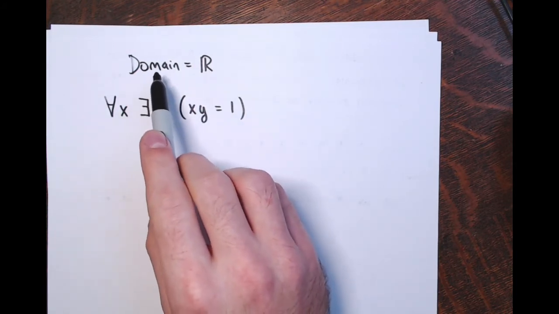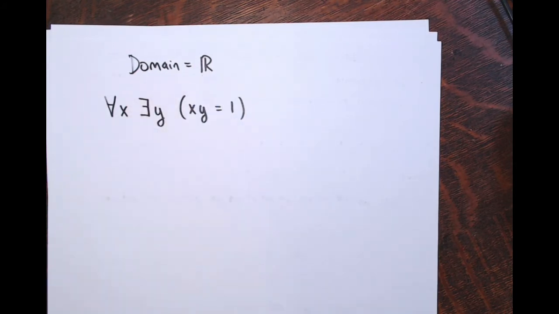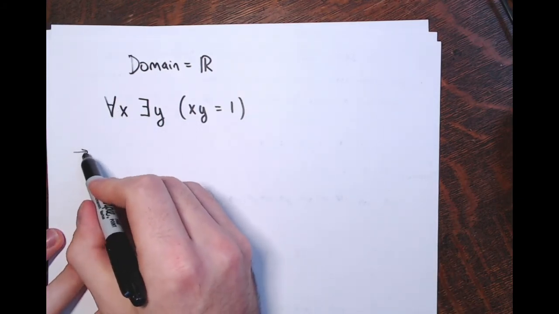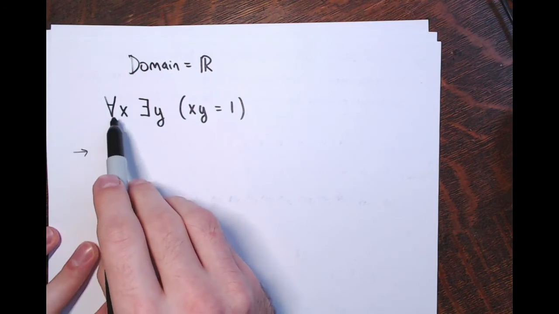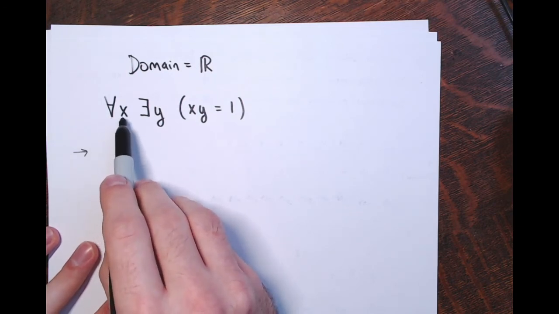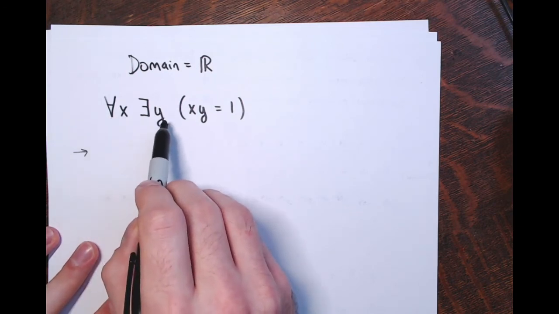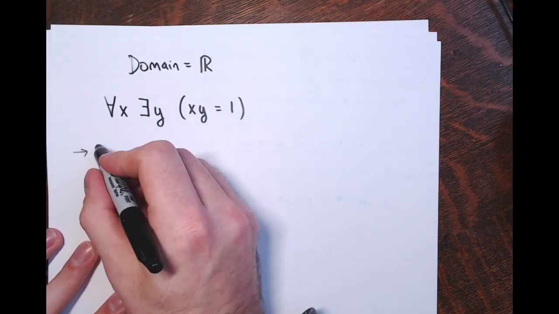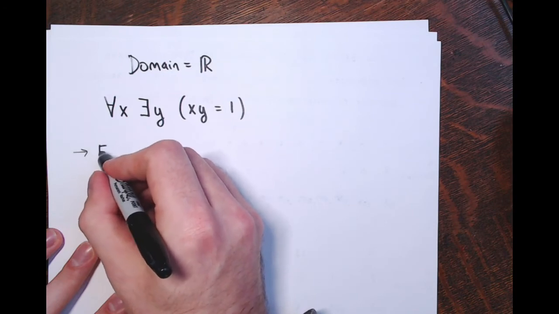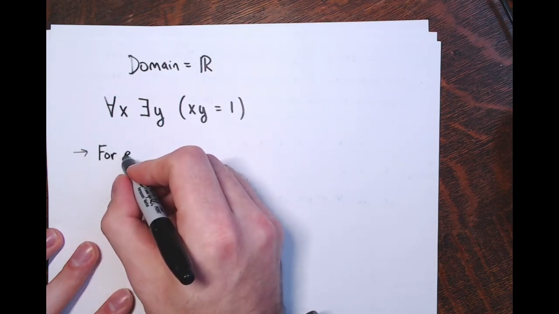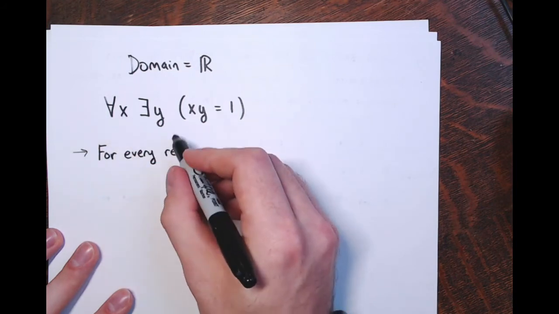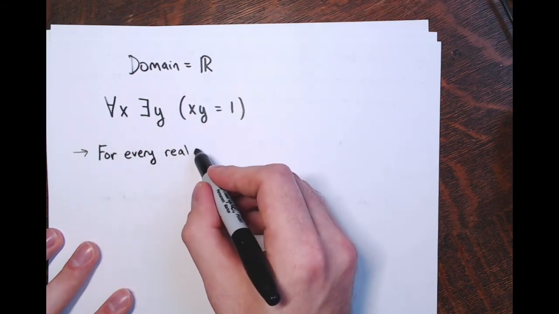Again, the domain is all real numbers, so that's rationals, irrationals, all of them. Here I have: for every x, there is a y such that x times y equals 1. So in English this would be: for every real number x, because x is representing a real number now.